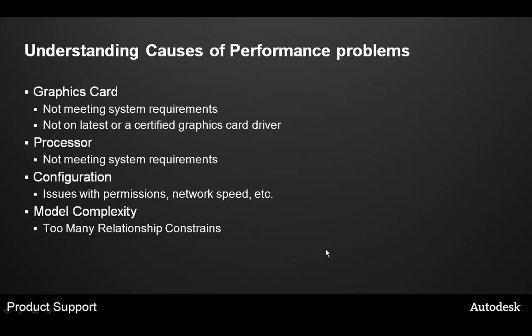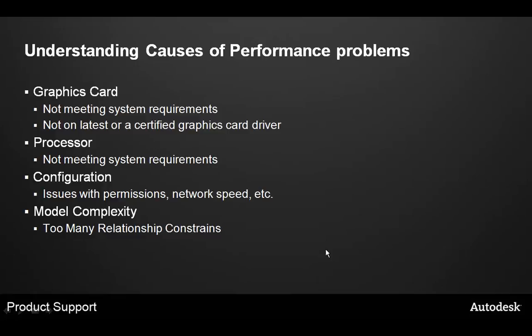Often, performance problems are caused by not meeting the minimum system requirements that are laid out on Autodesk.com or on the product's box. There are a few areas that can contribute to performance problems that you need to pay special attention to. The first would be graphics cards. Make sure that you have the latest graphics card driver for your hardware.